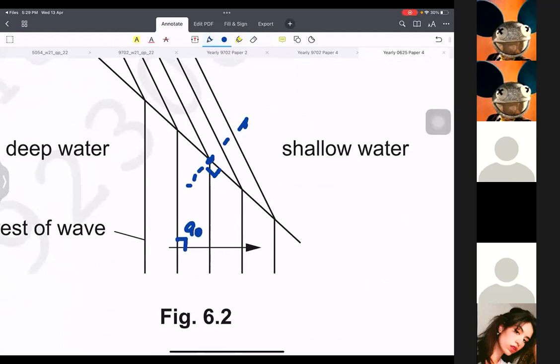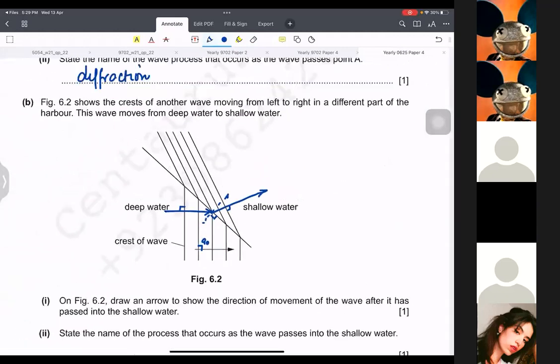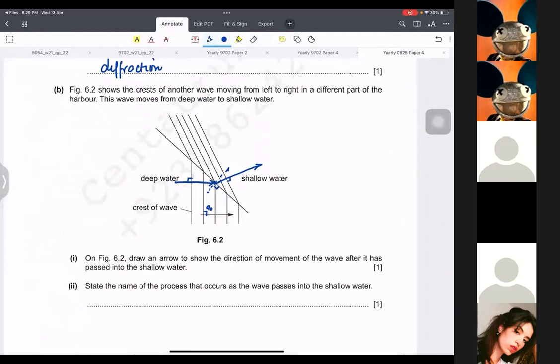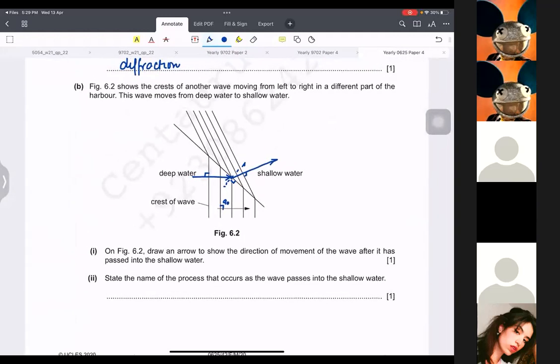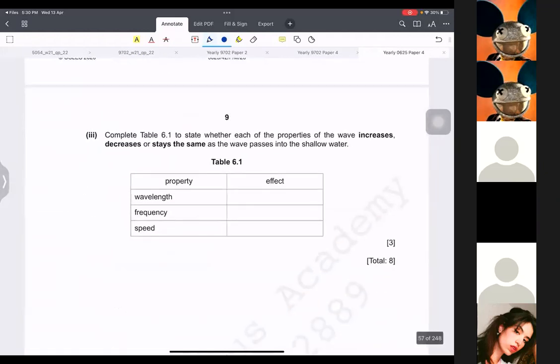So when you draw an arrow here, this arrow should also be 90 degrees, and when you draw an arrow here, this arrow should also be 90 degrees to the wavefront. So you'll get the right one. Then state the name of the process that occurs, that is refraction. What do you guys say? Is it clear? All right. Now, it says complete the table.